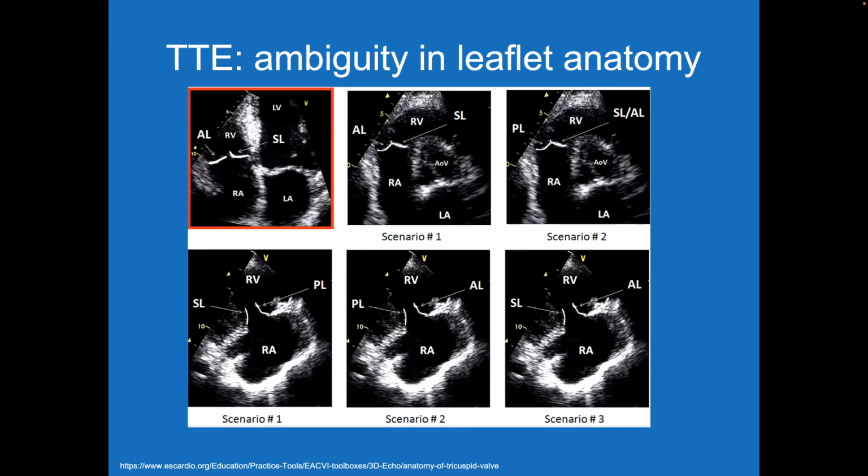The bottom pictures are the RV inflow view from the parasternals, and this is just demonstrating that there's some definite ambiguity as to which leaflets you're seeing in each one of these views. So given the information from the previous slide about the number of leaflets that the valve can have, it's sometimes difficult to actually obtain morphology from a transthoracic.